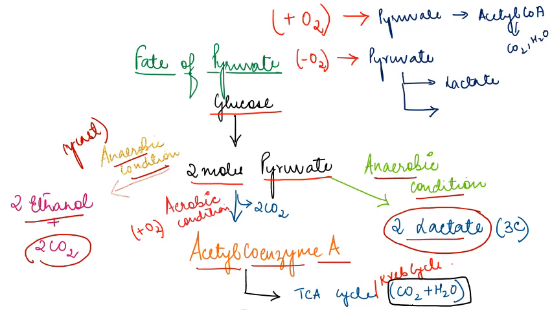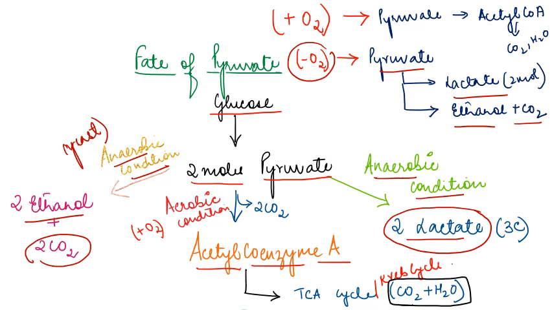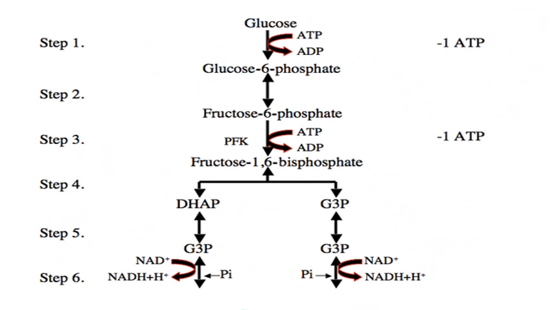How many molecules of lactate? 2 molecules of lactate, right? And it will again change to ethanol and carbon dioxide. So what you can see is, in absence of oxygen, pyruvate gets converted to lactate, ethanol and carbon dioxide. And in presence of oxygen, it gets converted to acetyl coenzyme A, which enters your Krebs cycle, and the end products of the Krebs cycle are carbon dioxide and water. Right? This is the fate of pyruvate.